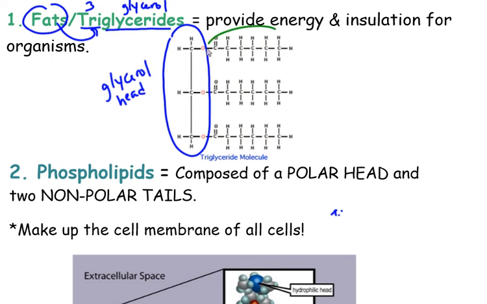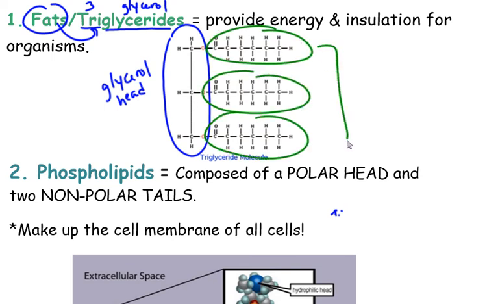And then we have three fatty acids. That's where the tri comes in. That kind of stem off. So if you see a structure that looks like a capital E, that's going to be your triglyceride, lipid. Kind of an easy thing to remember.